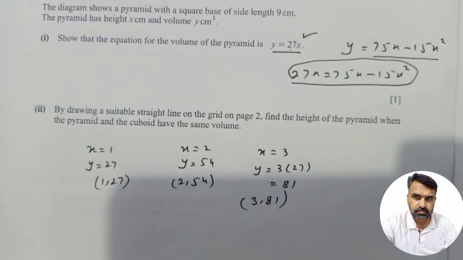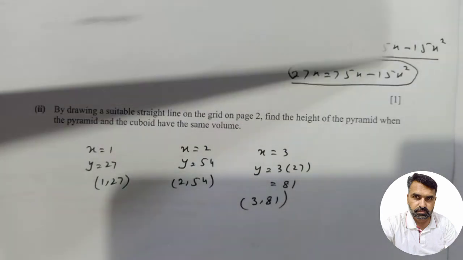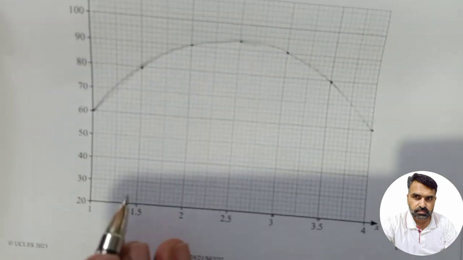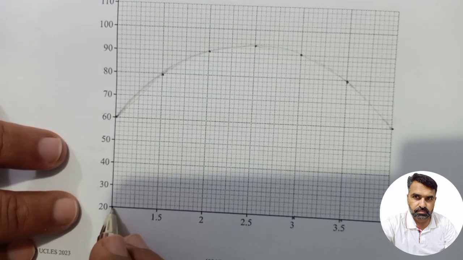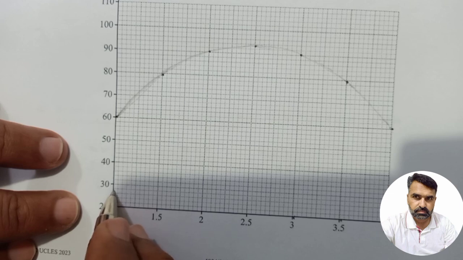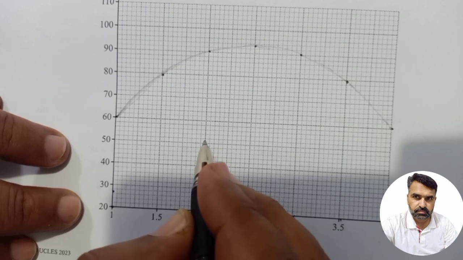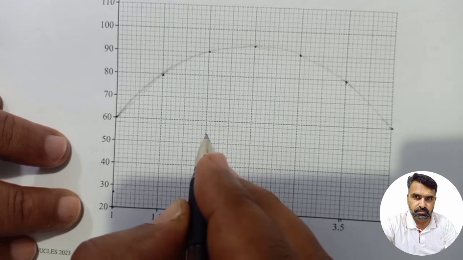Now I will plot all these coordinates on the same grid. First is (1, 27). So students, 1 and 27, it is 20, 22, 24, 26, and it is 27. Second is (2, 54). This is 50, 52 and 54.